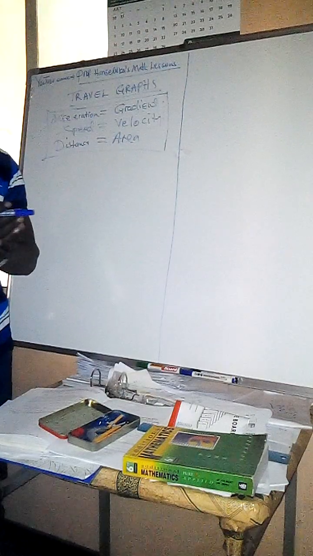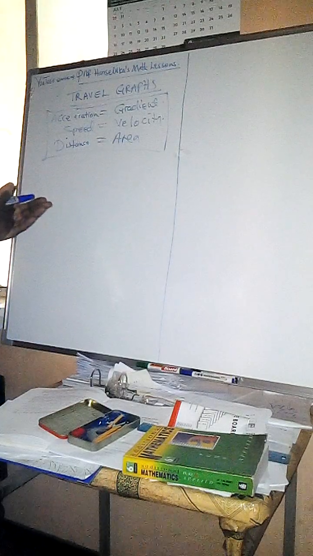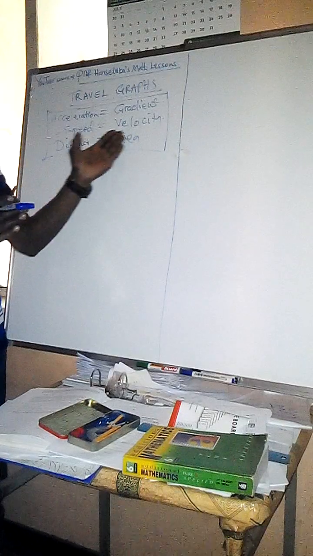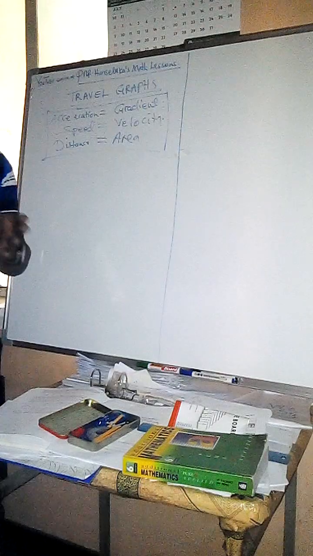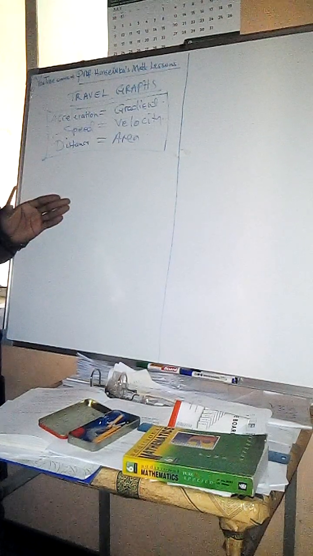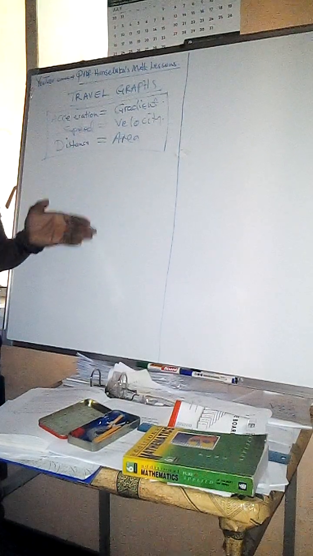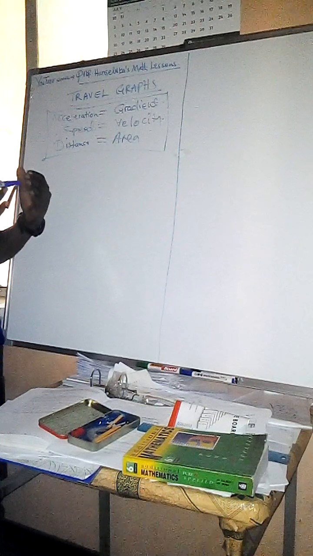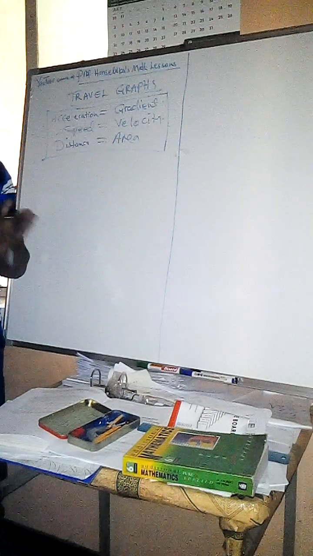Velocity and speed, these two units of measure are actually the same. And also when we talk about distance covered by something, that will be equal to the area under that particular region.